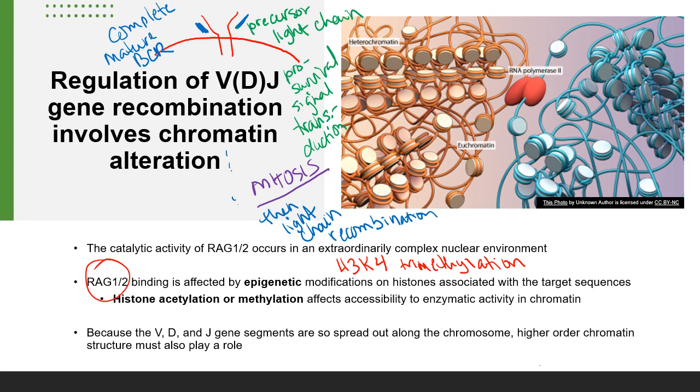In mice, it's actually going to try the kappa light chain first, and then the lambda light chain. Those are the Greek letters kappa and lambda.